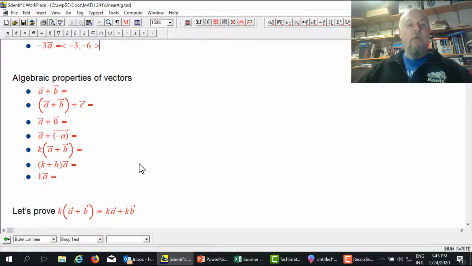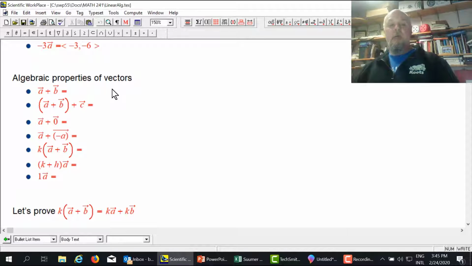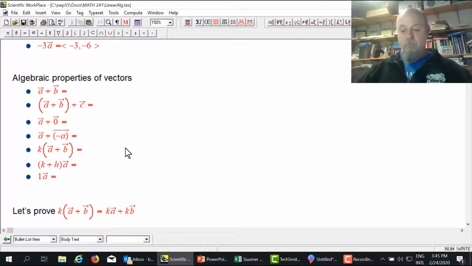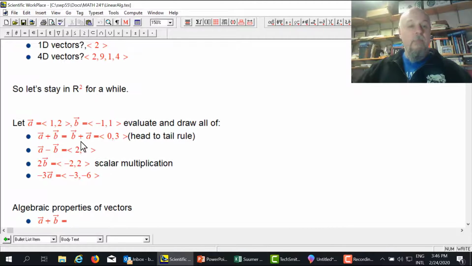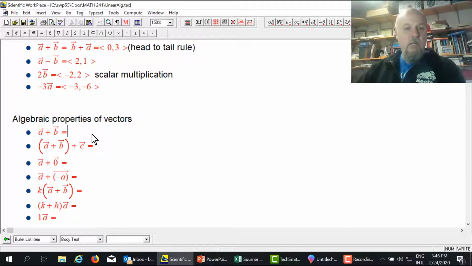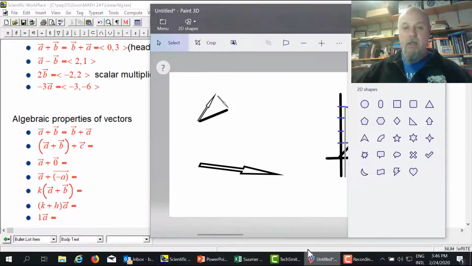So, some algebraic properties of vectors, not thinking about them graphically. This one we already saw, right? The commutative law of addition, or some people call it the parallelogram law of addition, because if I draw those two pieces together, I'll end up getting a parallelogram.